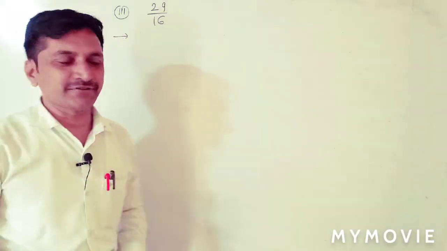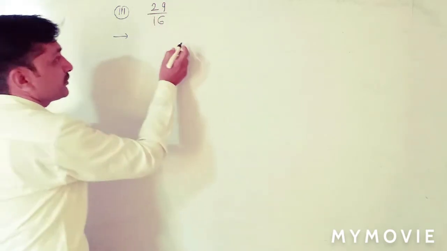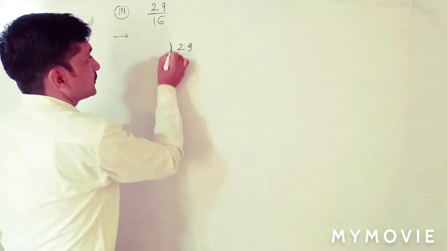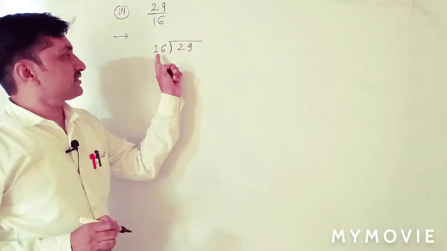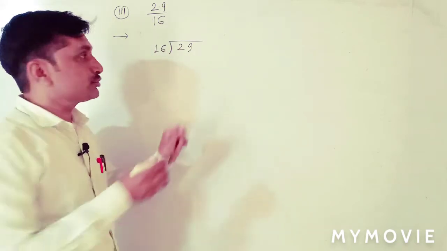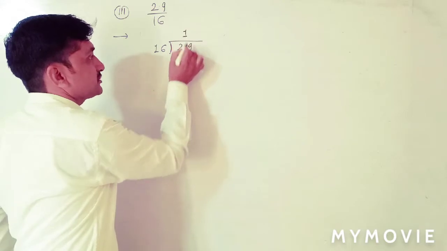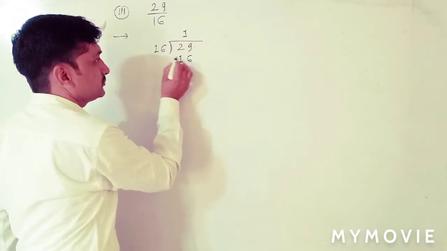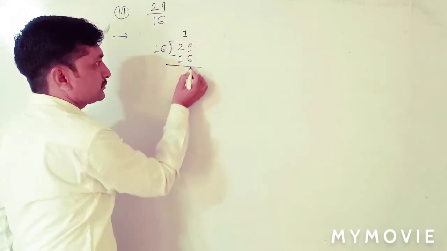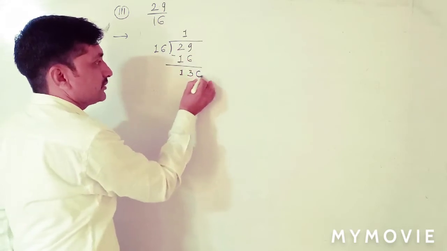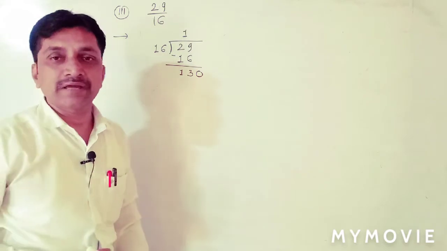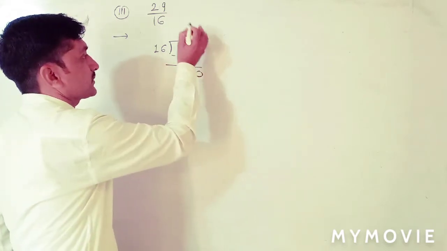Let's see example number 3. In example number 3, 29 is the dividend and 16 is the divisor. Now here 16 ones are 16, 16 twos are 32, which is greater, that's why 1s are 16. Subtraction now, 9 minus 6, 3, 2 minus 1, 1. Now take 0 and at the same time put a decimal point here.